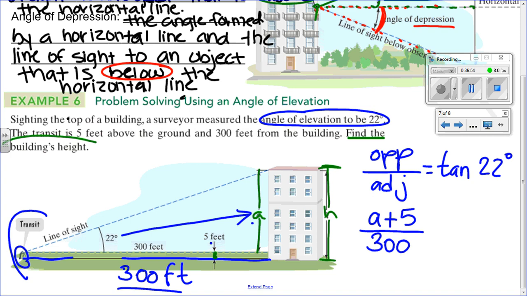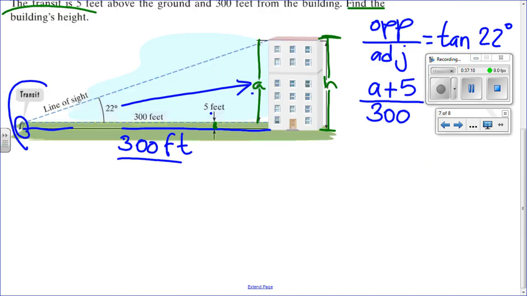We could, but we're going to have to use A because this is how the triangle is formed.